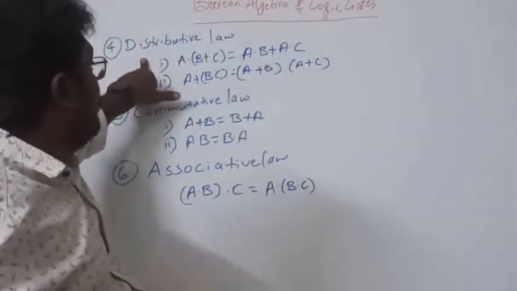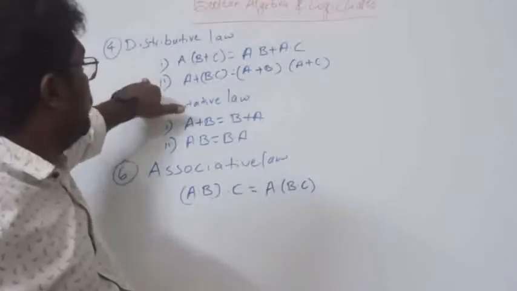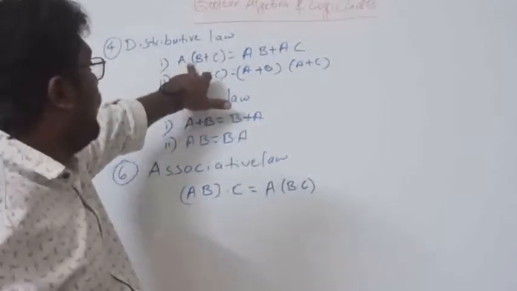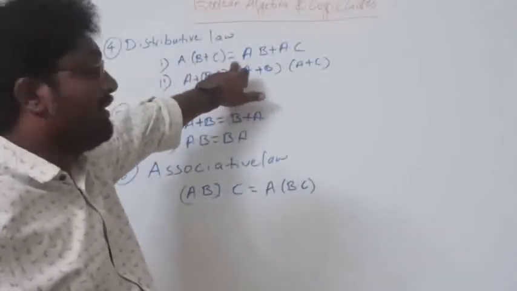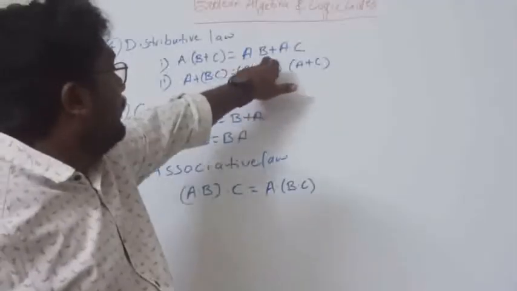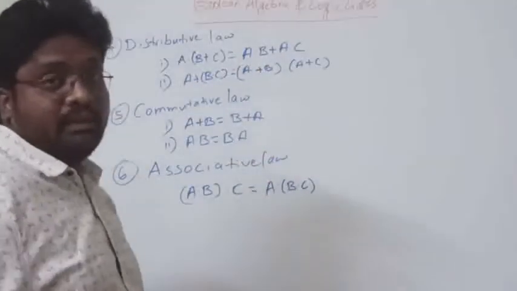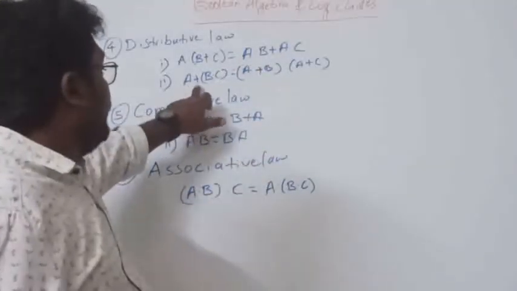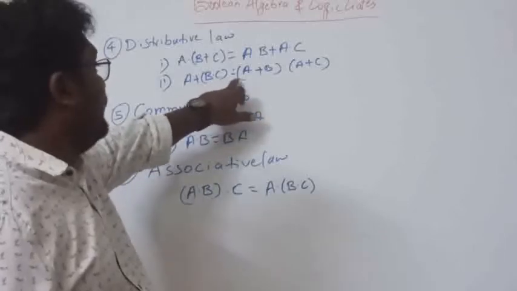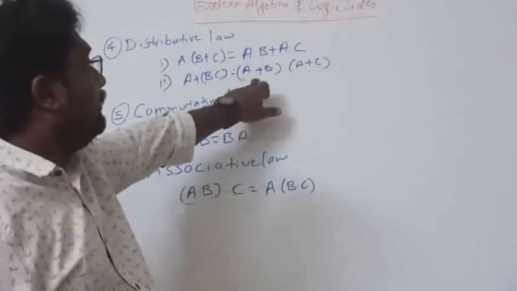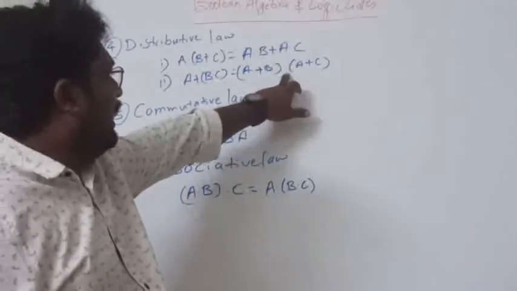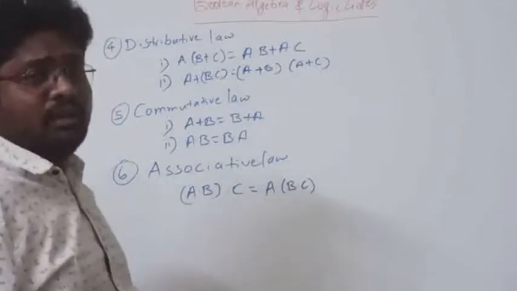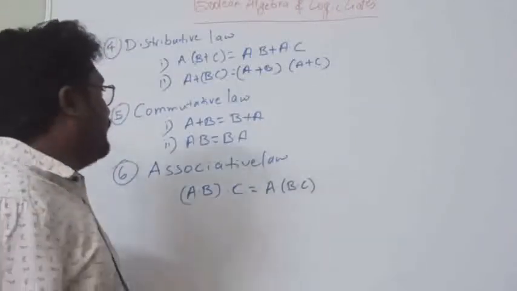For distributive law, we are having two: A and (B or C) is equivalent to (A and B) or (A and C). A or (B and C) is equals to (A or B) and (A or C). So next one is the commutative law.